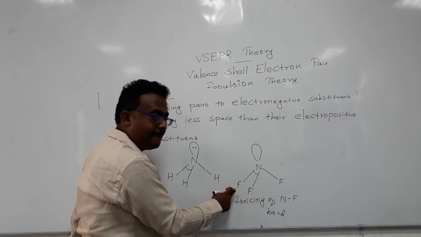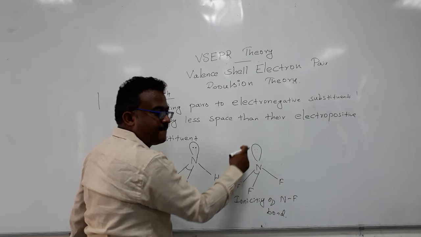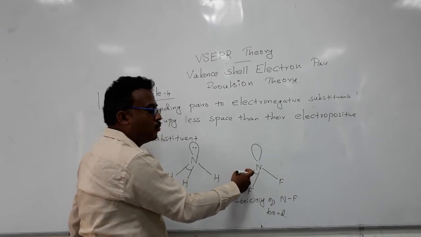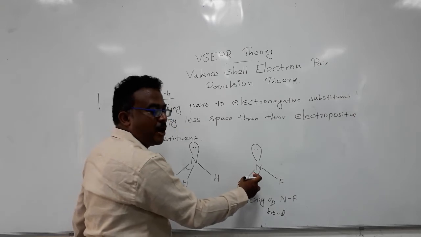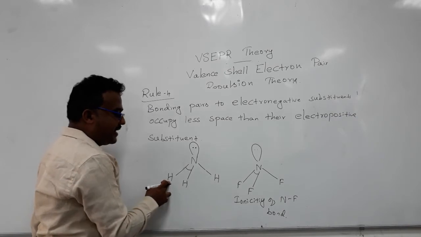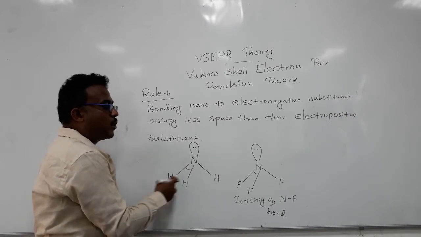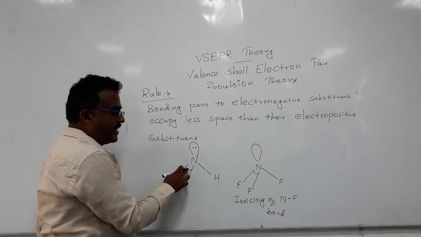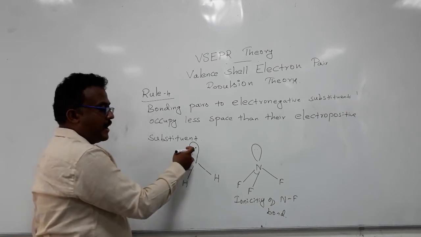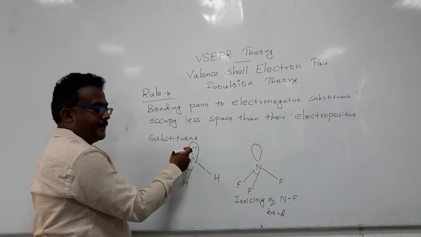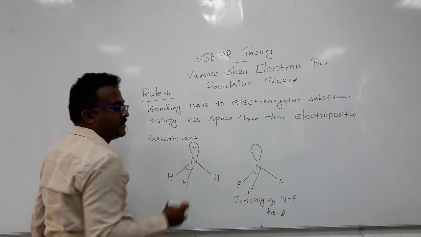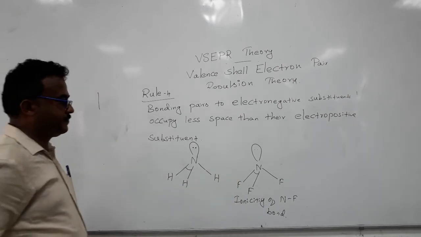So the lone pair of electrons can dominate and take more room, decreasing the bond angle of FNF. In this case, hydrogen is an electropositive substituent, so the bonded pair lies between the two nuclei, and the repulsive force between lone pair and bond pair is minimum compared with the NF3 molecule.